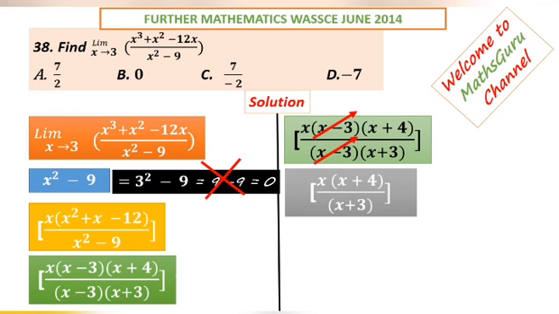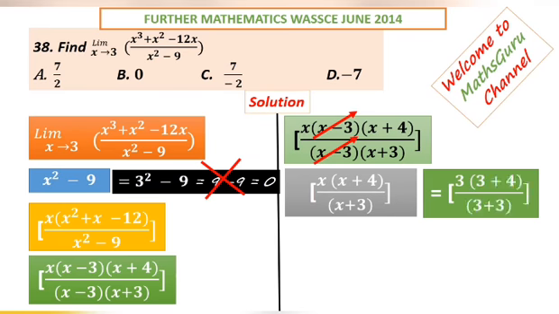Now we can conveniently substitute the value x equal to 3 into this expression, because if we do, we are not going to have the denominator equal to 0 anymore.